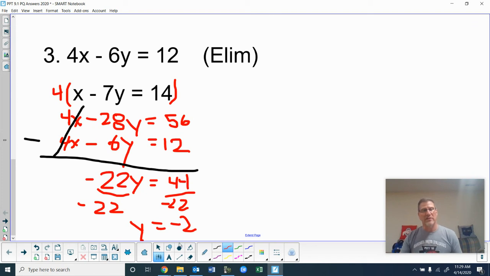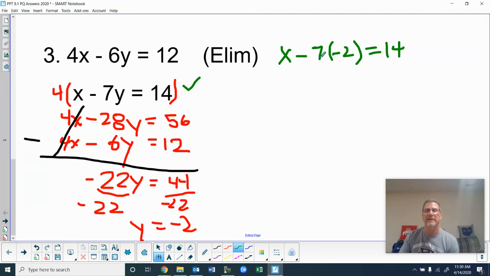Now I have to substitute negative 2 into either of the other two equations to figure out my x. Remember, there are 2 answers to each of these, an x answer and a y. So I'm going to go into the second one there. I usually go in the original, not ones that I changed, but original ones. So I'm going to solve for x. So this will be x minus 7y, which was negative 2, equals 14.